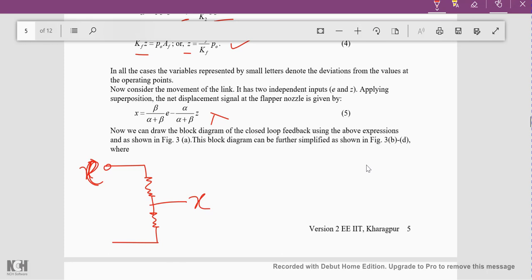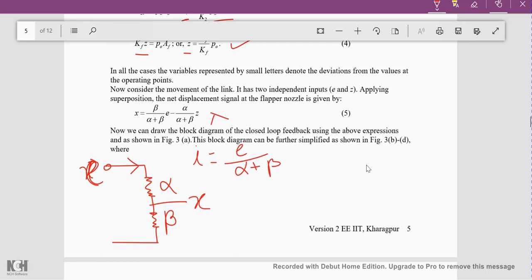Let us say that the two resistance values are considered, this side it is alpha, and this side it is beta. So now when the resistance values are alpha and beta, and the current flows here, that current will be I equals E divided by alpha plus beta.